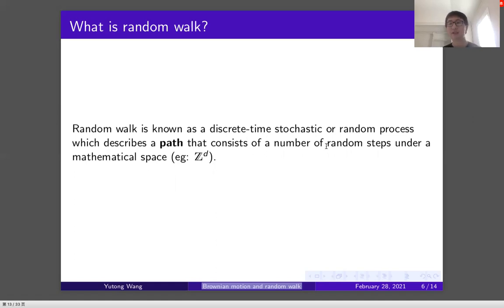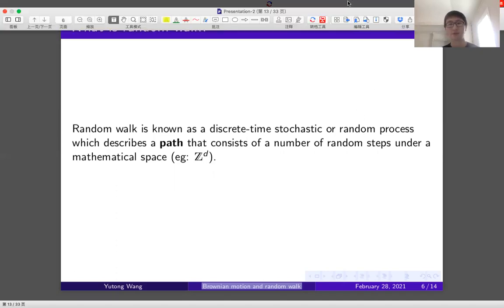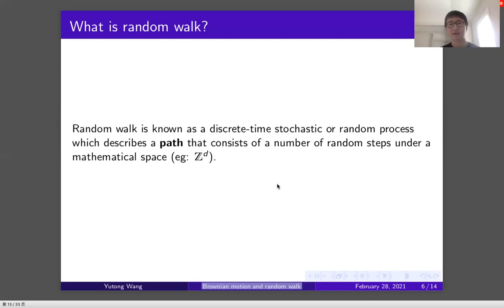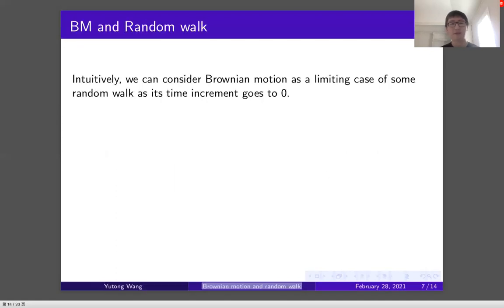It can be Z^d, where d denotes the dimension, and it also can be R^d or something else. For the later presentation, I will just use Z^d. Intuitively, we consider Brownian motion as a limiting case of some random walk as its time increments go to 0, because I just said Brownian motion is a continuous process.